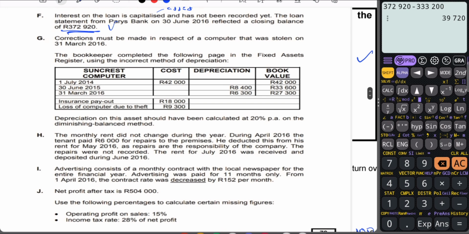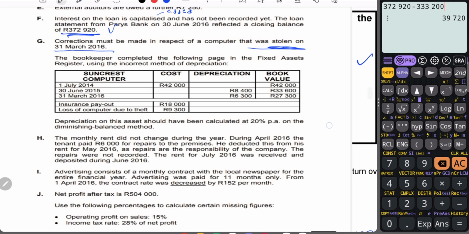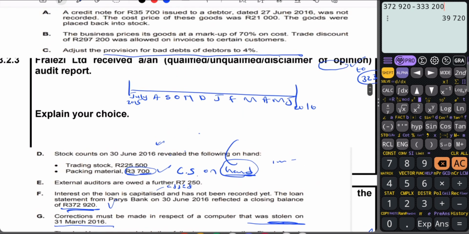When we check now, a computer was stolen on 31 March 2016. Before it was stolen, how many months did we use the computer? 1, 2, 3, 4, 5, 6, 7, 8, 9. We used it for 9 months. Then after 9 months, it was stolen.